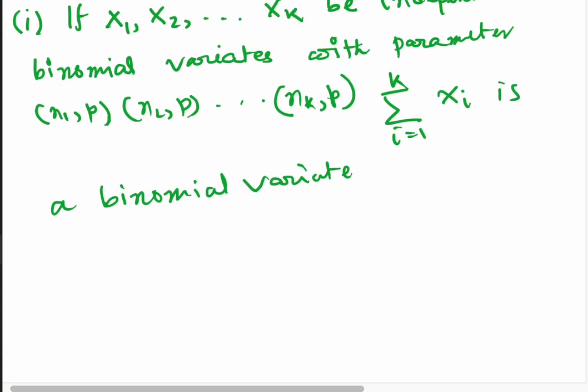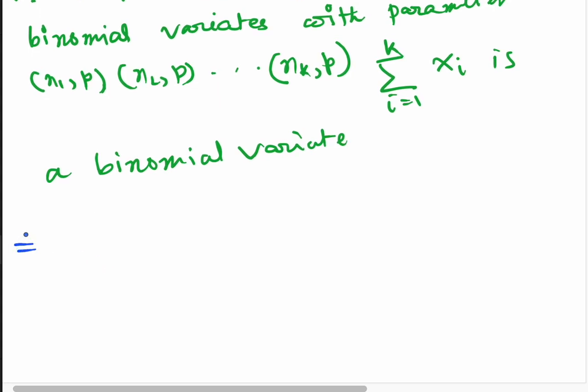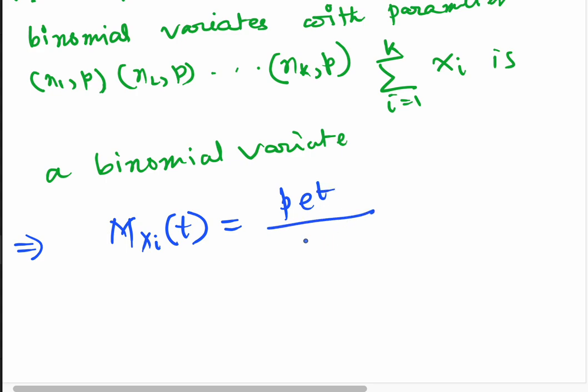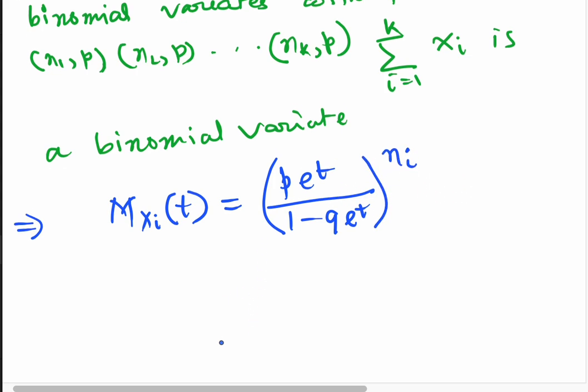Actually this is very simple. So the MGF of any such random variable, since it follows binomial distribution, will be (q + p e to the power t) to the power ni, where q basically means 1 minus p.